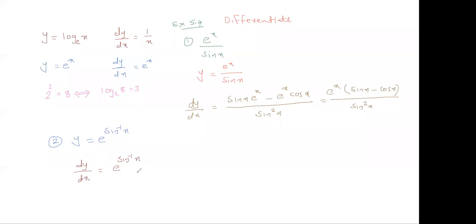But since in place of x there was sin inverse x, we multiply by its derivative. The derivative of sin inverse x is 1 divided by under root 1 minus x square. So the answer is e to the power sin inverse x divided by under root 1 minus x square.